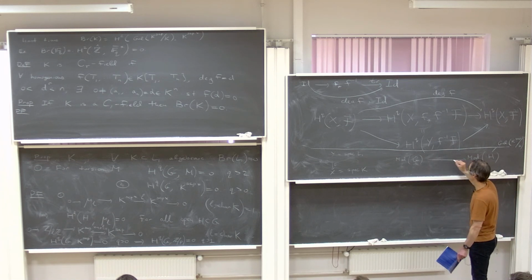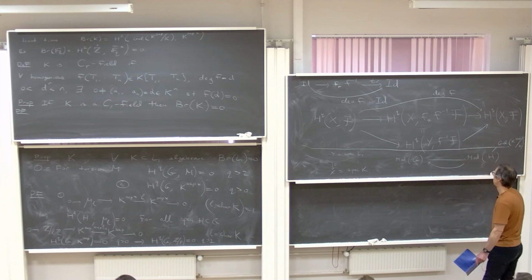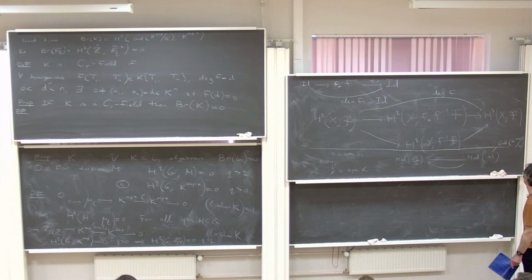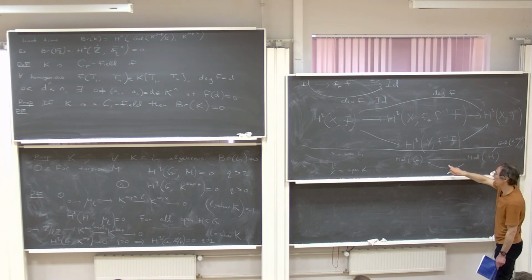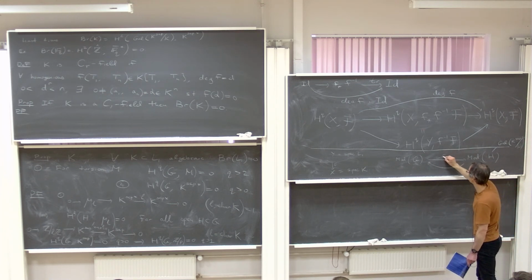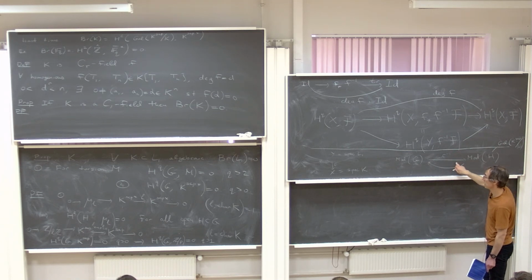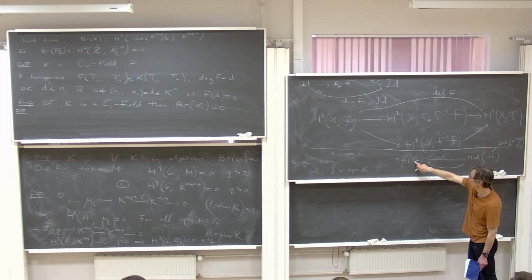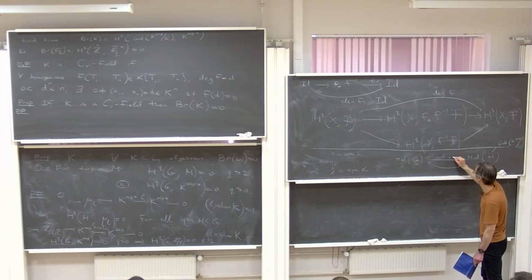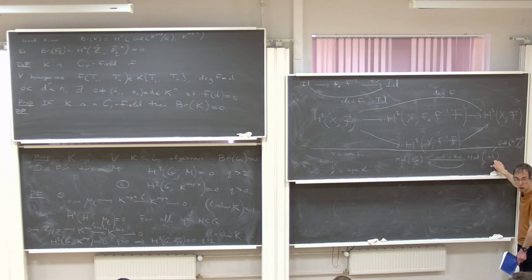There are two functors. One functor is the pullback functor, F inverse. Under this identification, it corresponds to the restriction. Right? If you have a G module, you can restrict it to an H module.